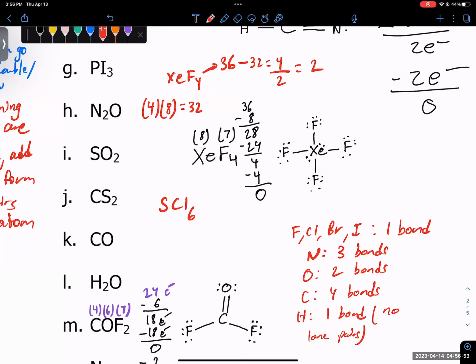So how many valence electrons does SCl6 have in total? 7 times 6 is 42, plus 6 for sulfur. So it's not 46, it's 48. Yeah, 42 plus 6, 48.